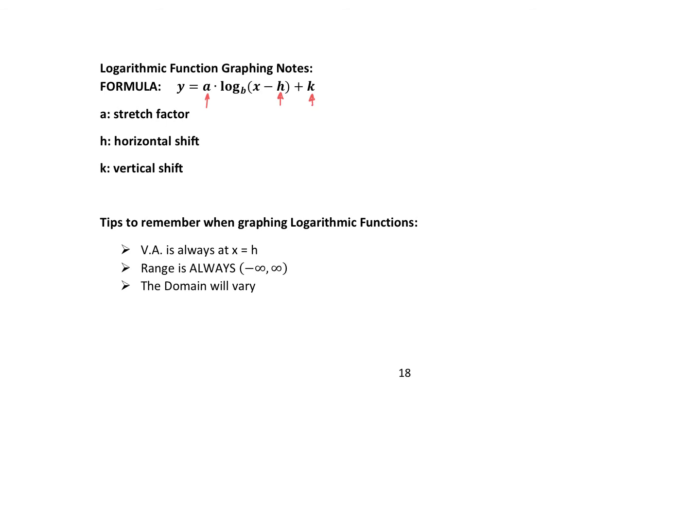When we're graphing a logarithmic function, we're going to notice that our vertical asymptote is always given by this h value. The range will always be minus infinity to infinity, and the domain will vary depending on how we've shifted. Let's look at the next slide for an example.